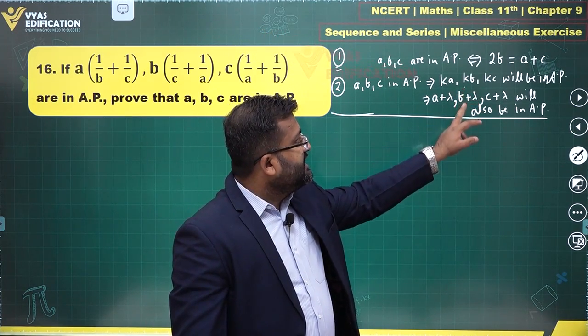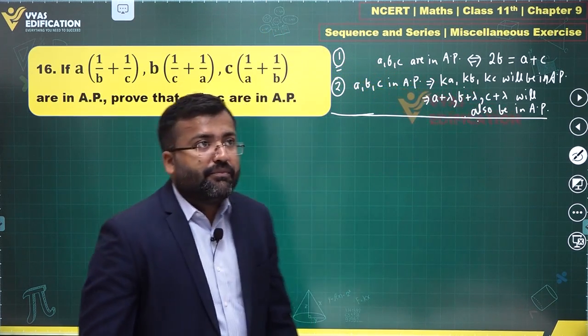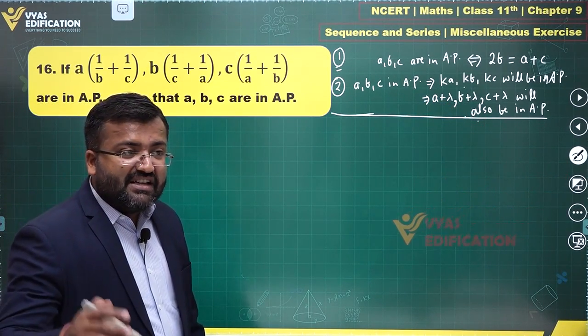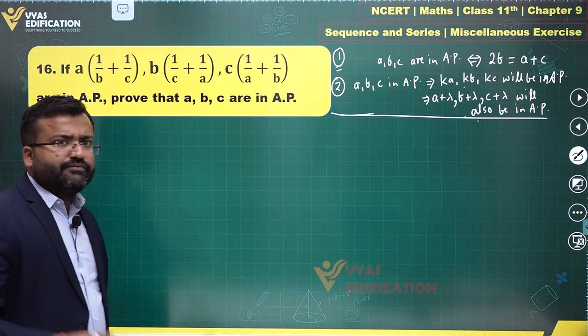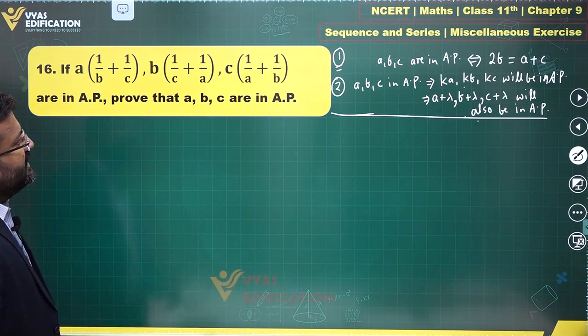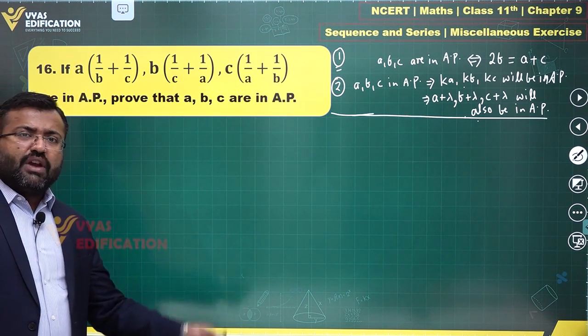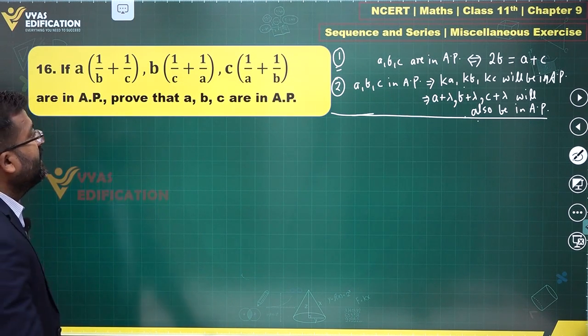Here the common difference changes, here the common difference remains same. Okay, so there are two ideas, and yes, those two ideas are used to prove such questions. Let's take a look at this question using, first of all, I will use the second idea, which is easier in this, and then I'll show you calculations using the first idea.